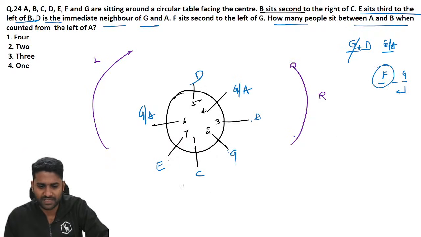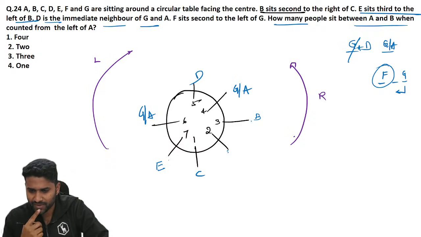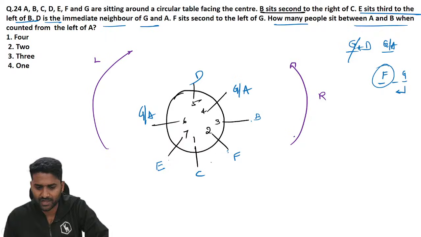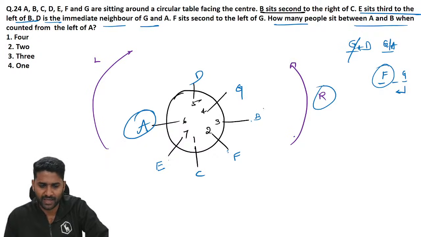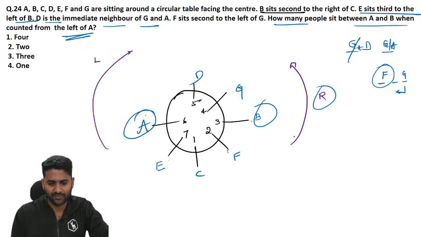We need F at the left position, so F is to the left of G, so we cannot take G here. Why? Because otherwise it would be on the right side. So this is A, this is C. We are done with the arrangement. How many people between A and B? They clearly mentioned that you have to count left of A. Left of A this side, 1 and 2 people.